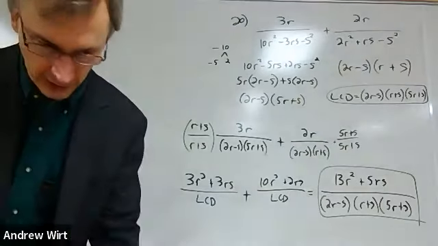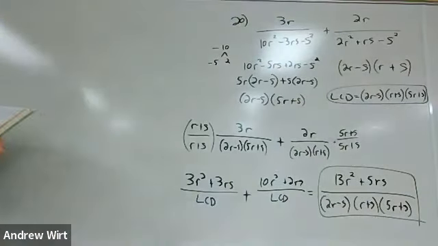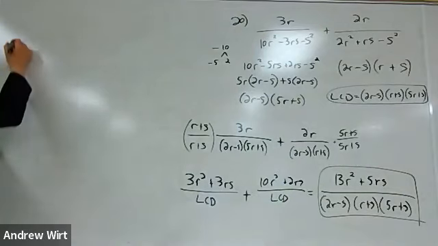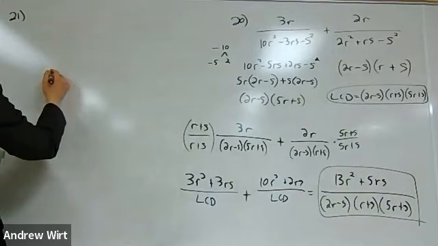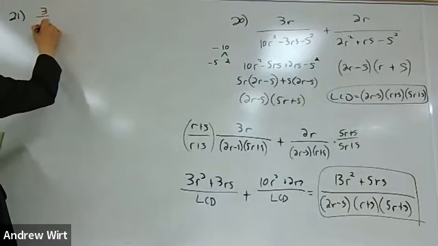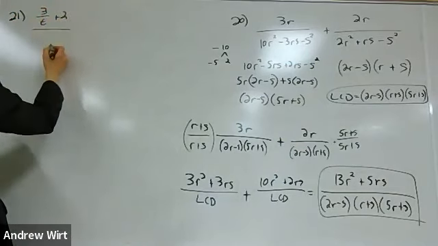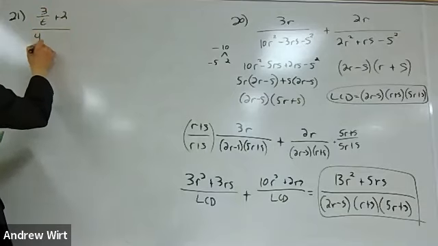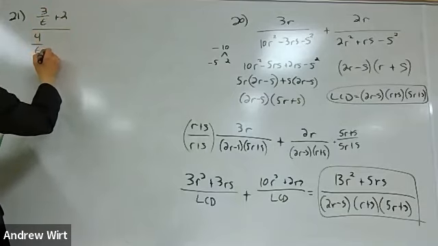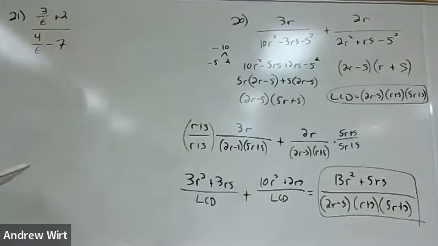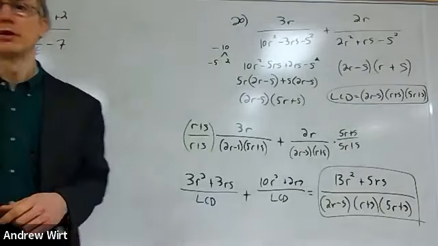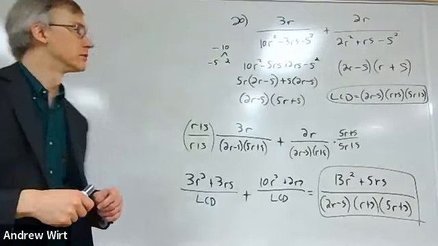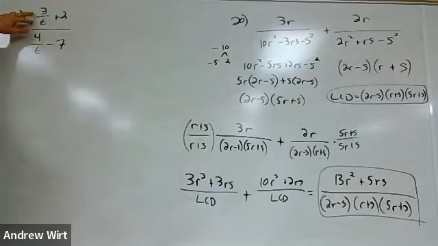Next up, complex fractions, number 21. Now, before we can convert division to multiplication, we have to be simplified down to one fraction on the top, one fraction on the bottom.